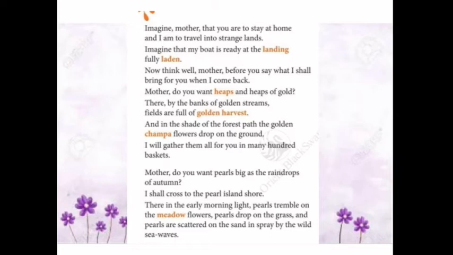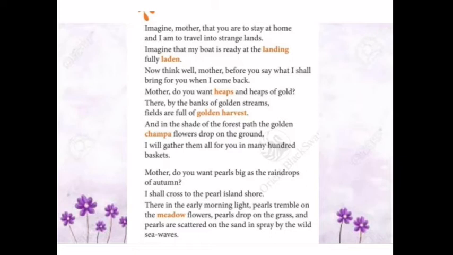Here the child, or the speaker, feels that his mother would want gold. He refers to the shimmering stream as golden, just as he does the ripe harvest in the fields, which looks golden in sunlight.